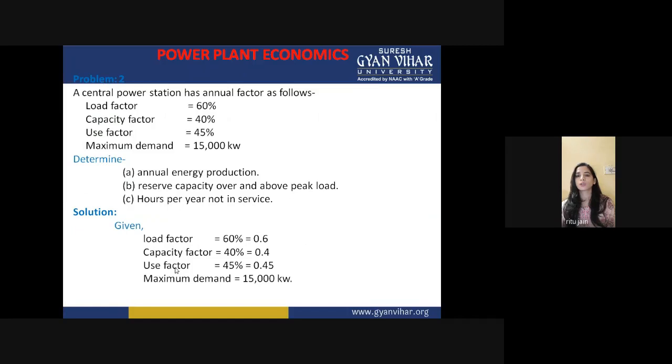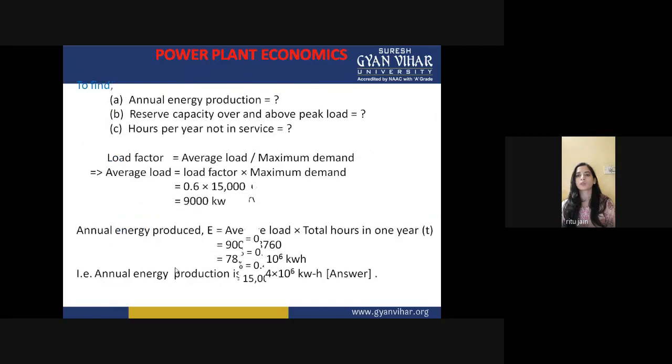First, you have to determine annual energy production, reserve capacity over the peak load, and hours per year not in service. So maximum demand is given this.